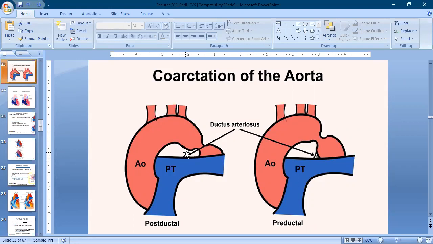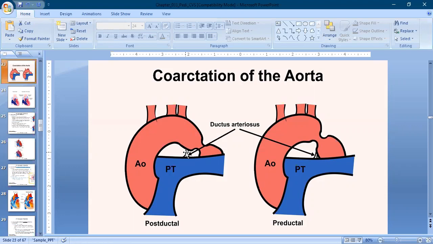If the baby has a patent ductus arteriosus, we can get an abnormal murmur, and this is called machinery murmur. Sometimes a question comes: in case of ductus arteriosus, what murmur will you get? It is called machinery murmur. Murmur means abnormal heart sound.